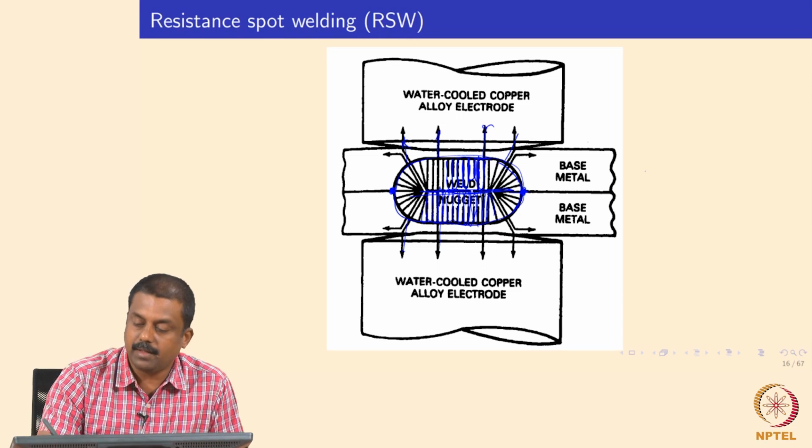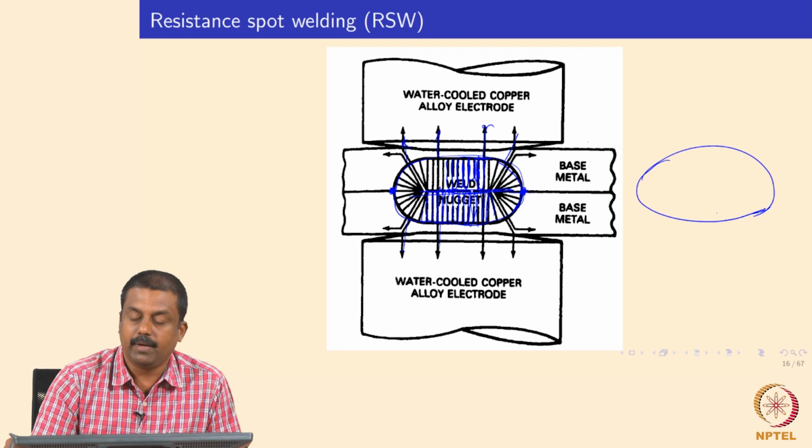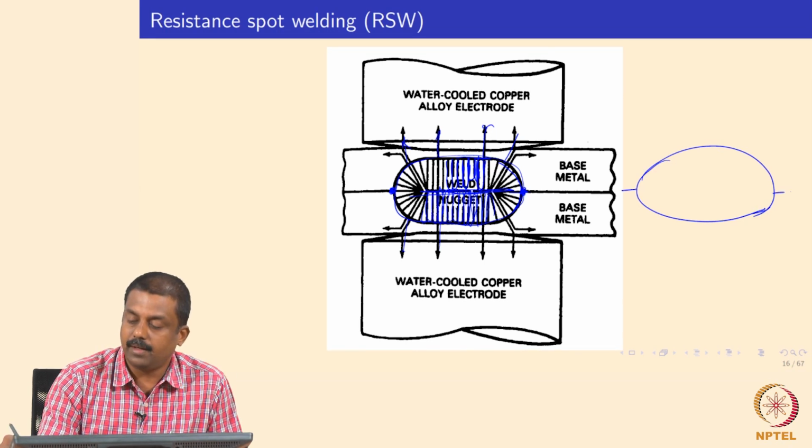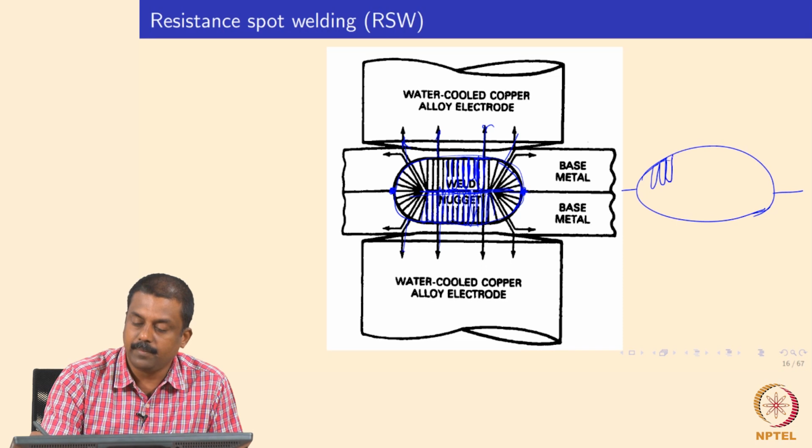So the typical microstructure, if I can redraw again: you have a weld nugget, liquid, and this is your weld center line. Then you will have solidification nucleating from the fusion boundary and going towards the weld center line.